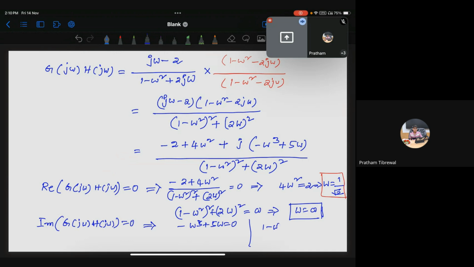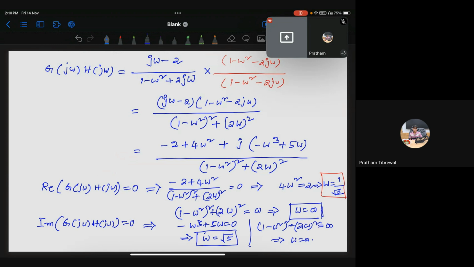The second case is (1 − ω²)² + (2ω)² is infinity. This gives us infinity, we are not interested in that. So from here what we get is ω as root 5. Clear?